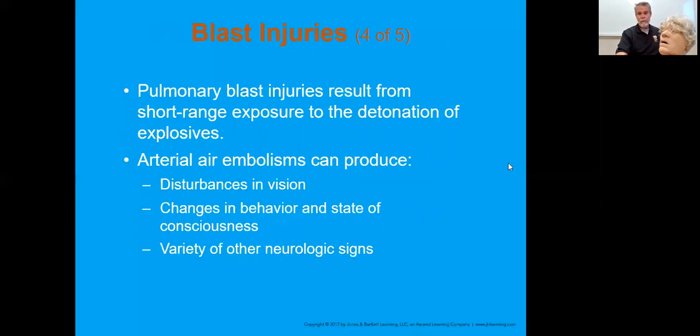This is a trauma transport, and definitely to a level 1 facility would be encouraged. With pulmonary blast injuries, there's short range exposure to the detonation of an explosion, right? That really loud sound can actually cause damage to, in this case, the lungs. There can be disturbance in the vision, air embolisms that can be created, changes in behavior and level of consciousness because of that, potential head injury, and other neurological signs.